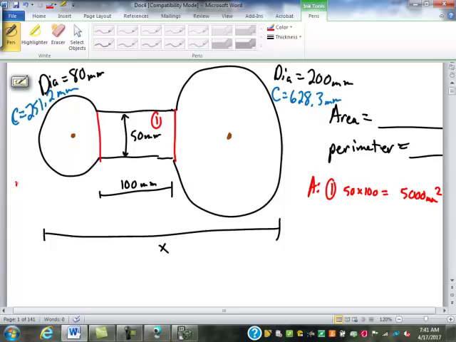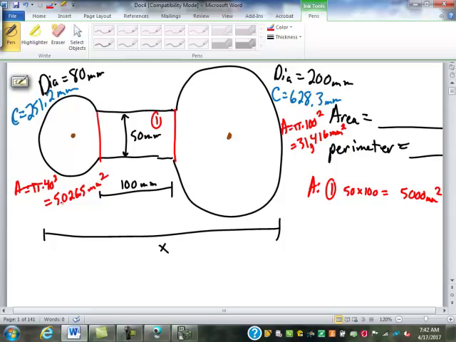The area of this circle here is going to be pi times 40 squared, which is 5,026.5 millimeters squared. Over here, this area will be pi times 100 squared, which is 31,416 millimeters squared.